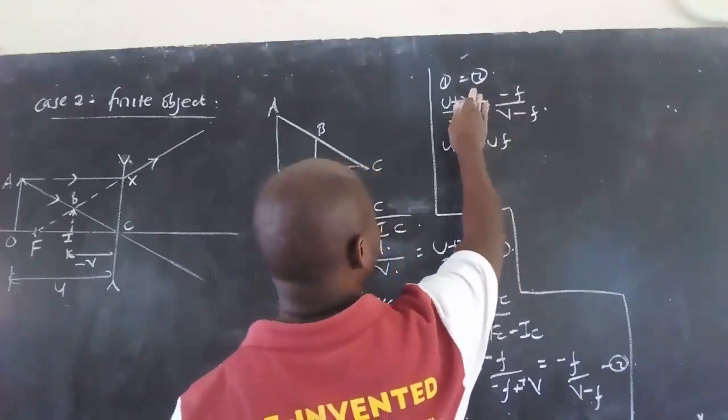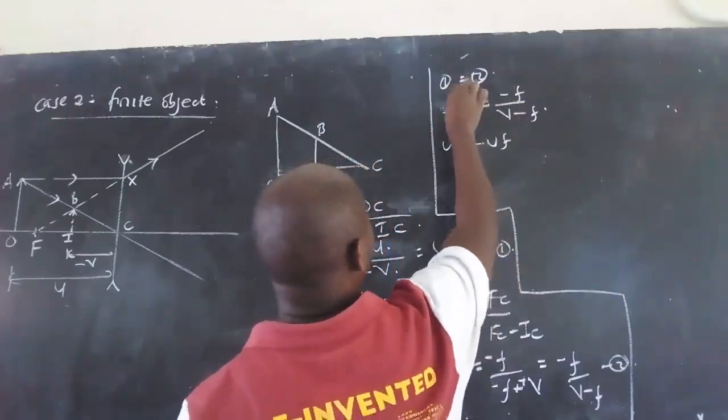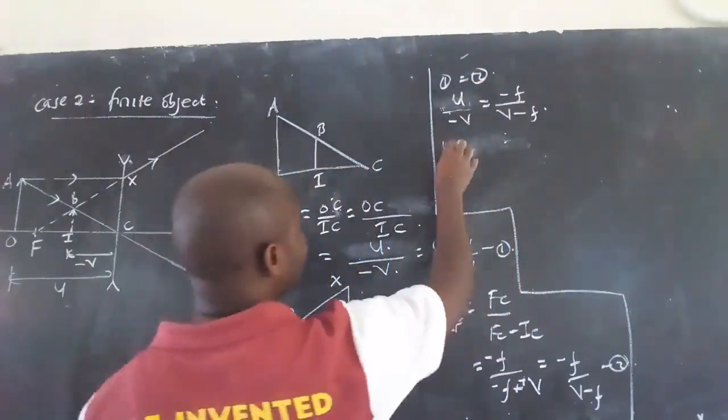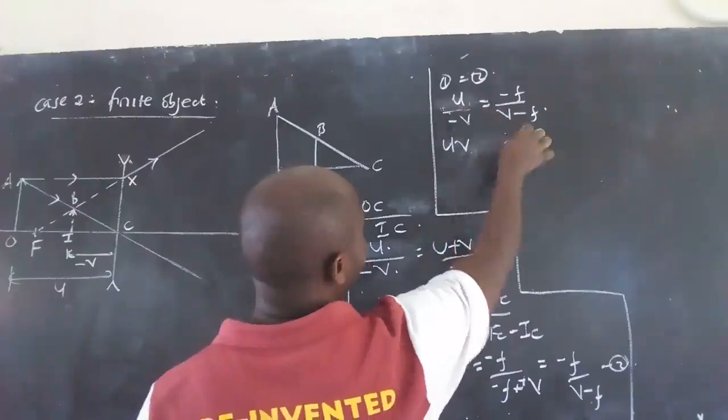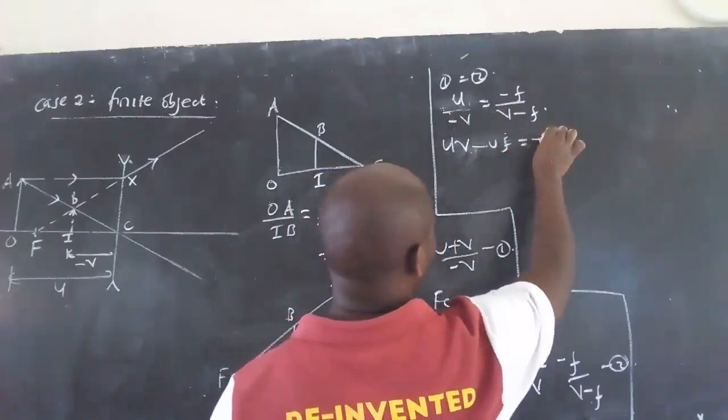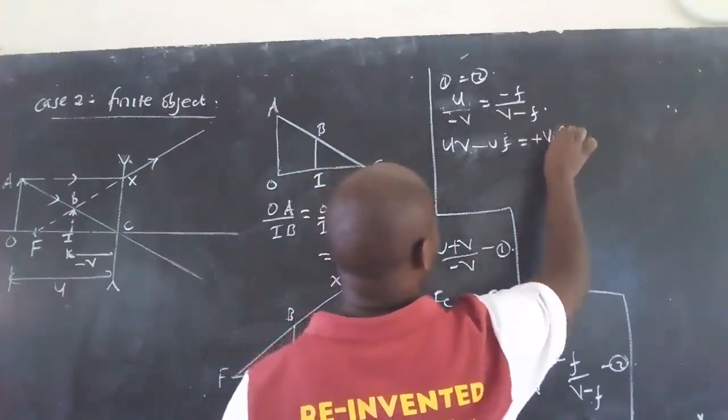It's supposed to be U like that. So cross multiply, we shall say it is UV minus UF is equal to plus VF.